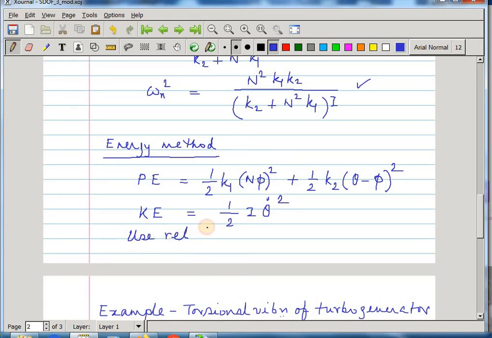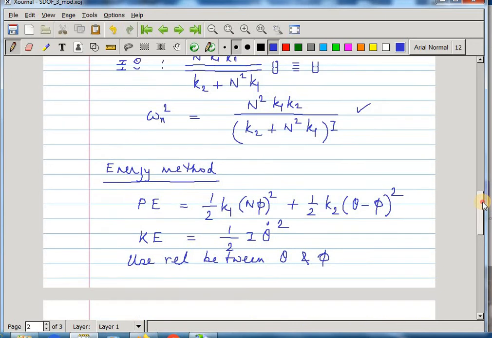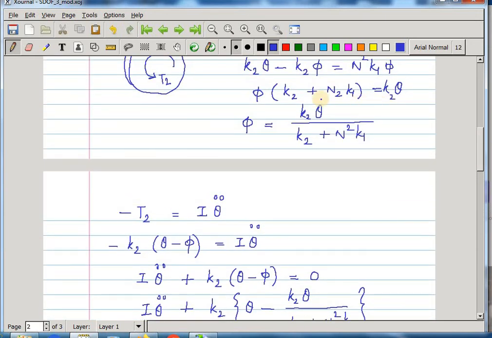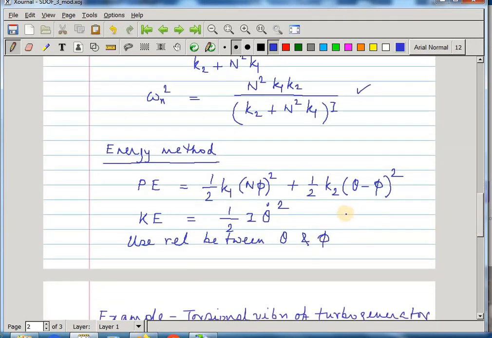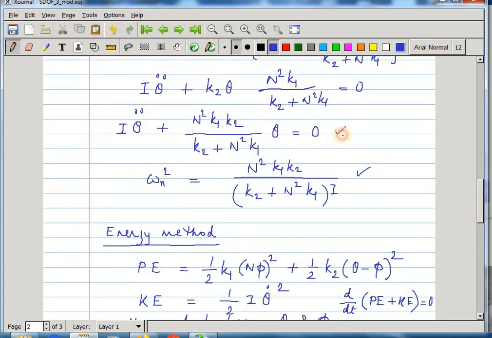So now you use the relation between theta and phi, this relation, and replace phi by theta, and then you do d/dt of (T plus V) equal to 0, and you get the same equation as this.